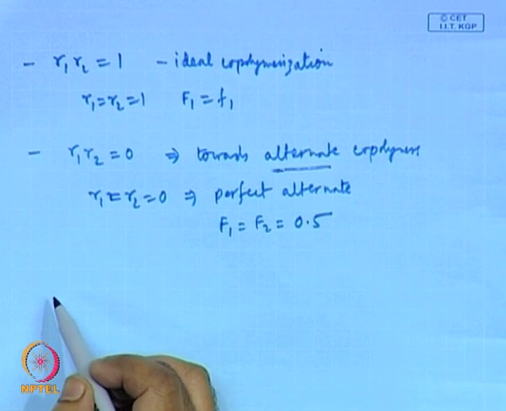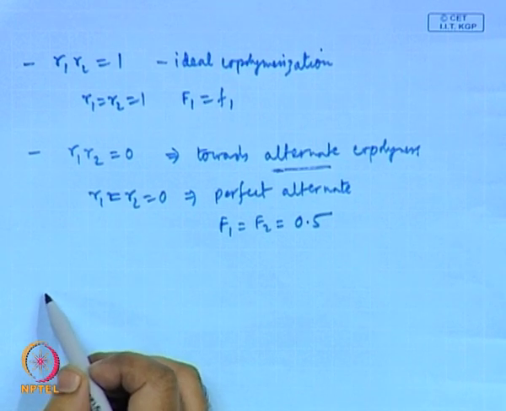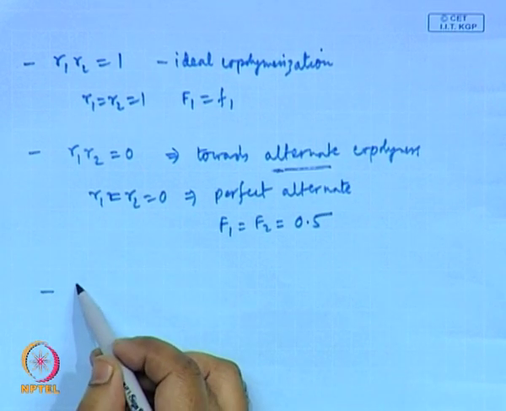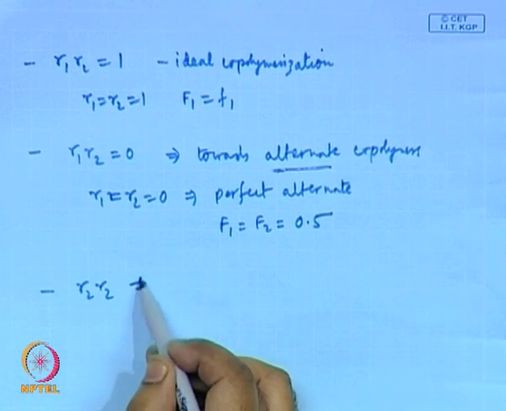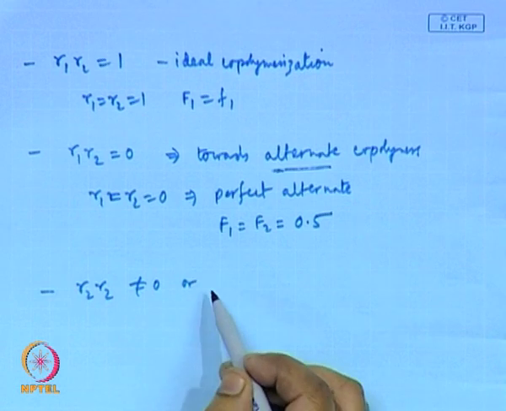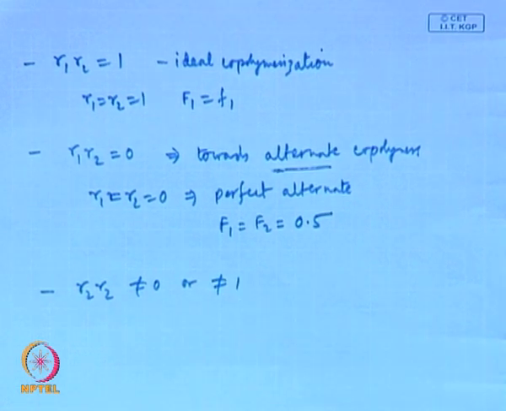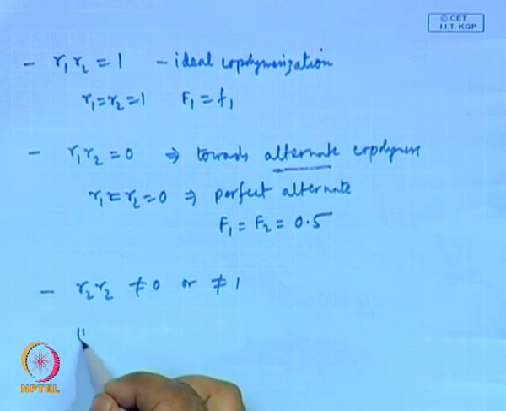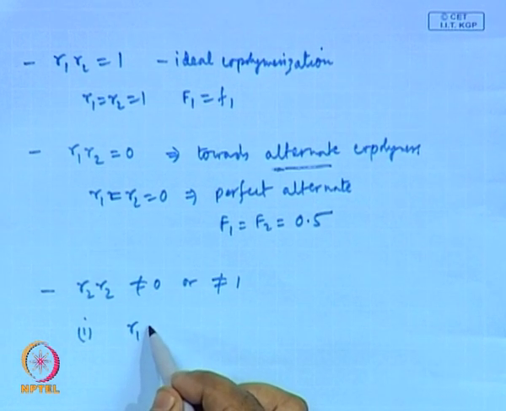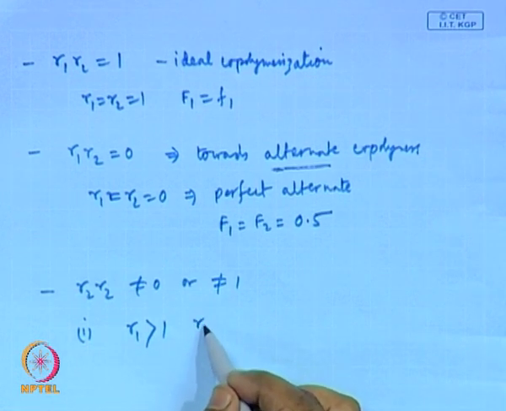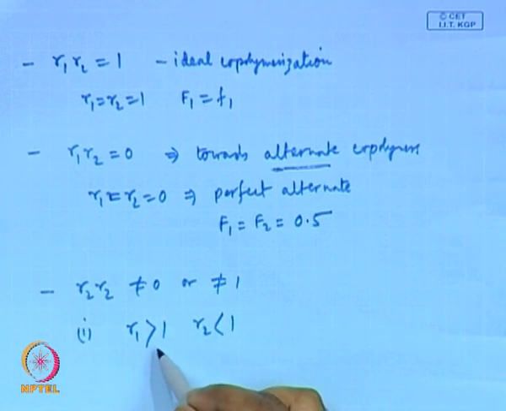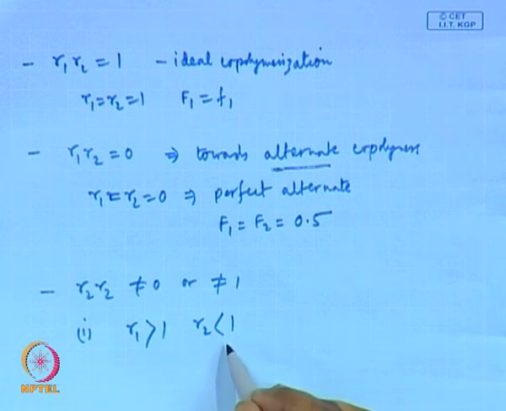Now, we will talk about the third option possible, where r1 multiplied by r2 is neither 0 nor 1. There is a first possibility where one of the monomer reactivity ratios is more than 1, and the other would obviously be less than 1.